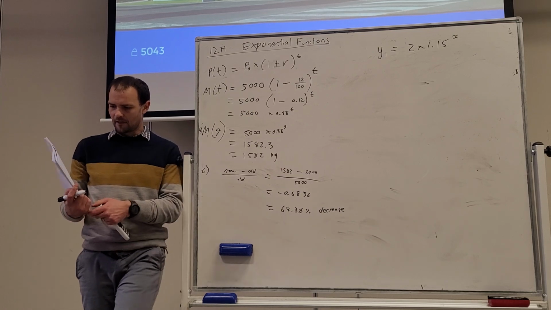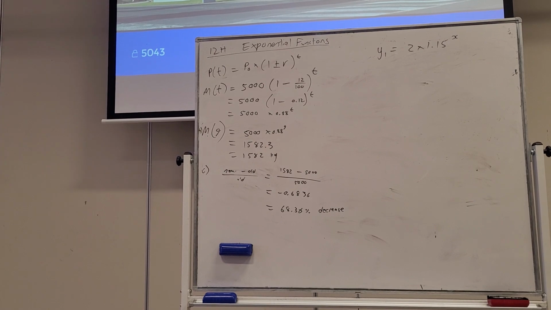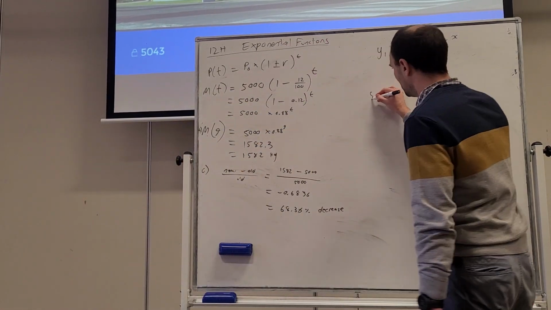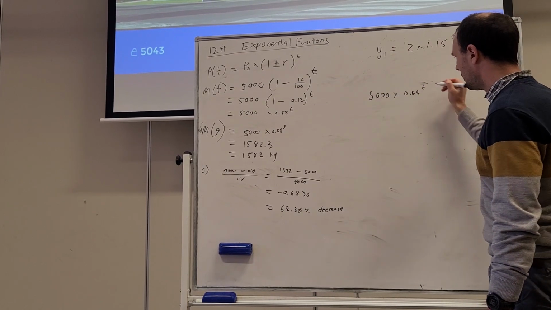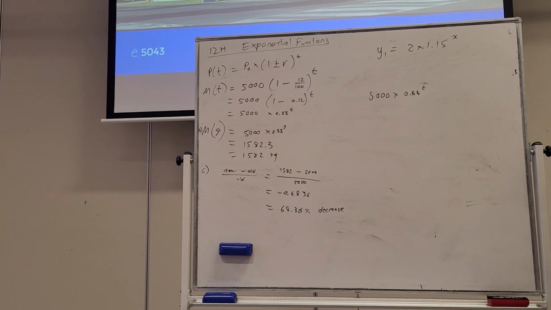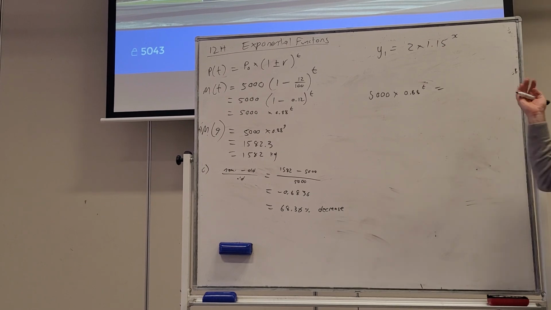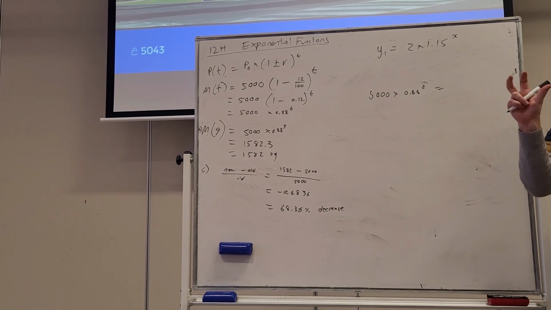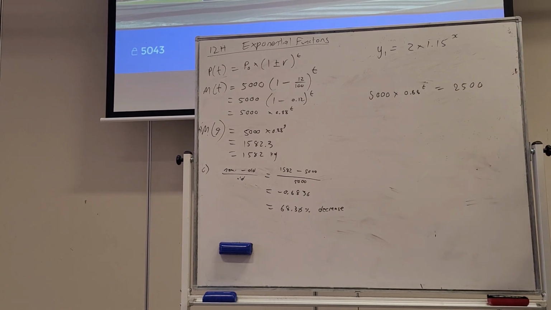Okay. And the very last one: how long does it take for the pile of sand to halve, for its mass to halve? Okay, well, look at this. This is the equation of the pile of sand, okay? And we want to know how long it takes for the mass to halve. Well, its initial mass was 5,000, so when it halves, it's going to be 2,500.